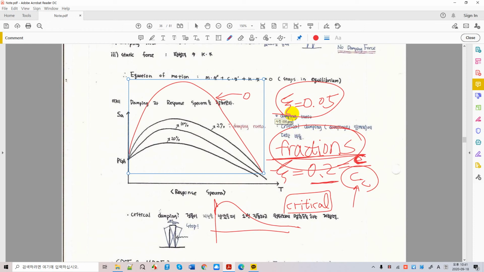So you have 5% out of Cc, which is critical damping. So this damping ratio is a fraction of critical damping, okay? 2%, 5%, 10%. For your concrete buildings in your projects, the low-rise concrete building, you may use 5 to 10% damping, okay, low-rise concrete building.